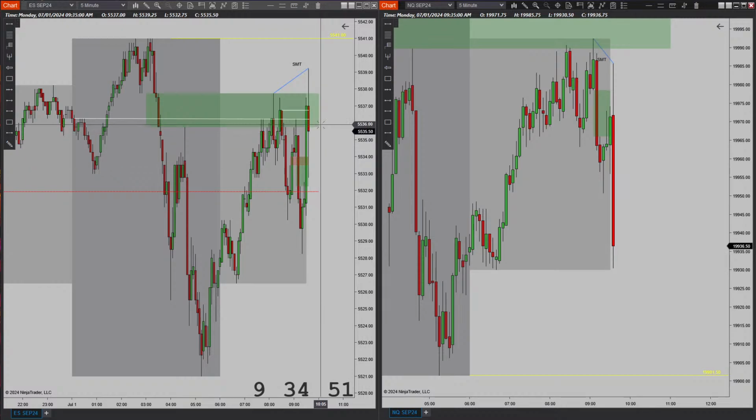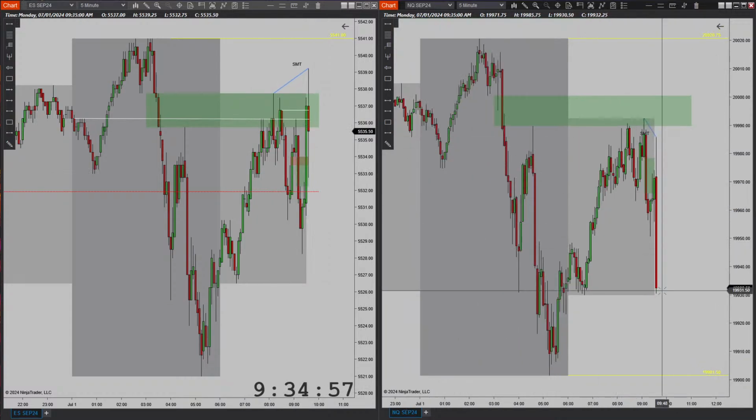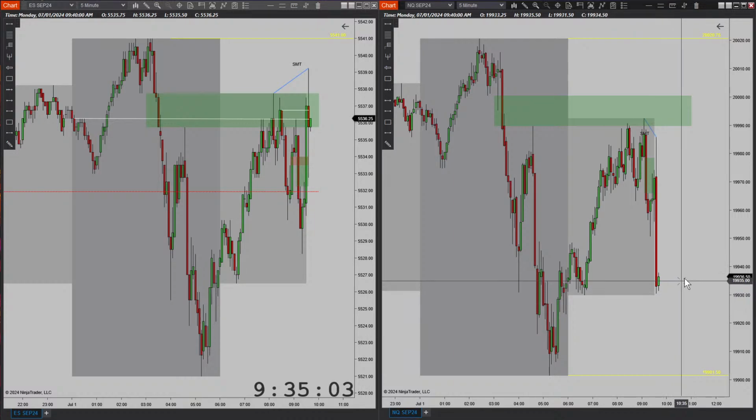So if my bias is correct, then I do expect this midnight open to hold and for price to draw lower. Looks like NQ was the better choice for the short. Okay.